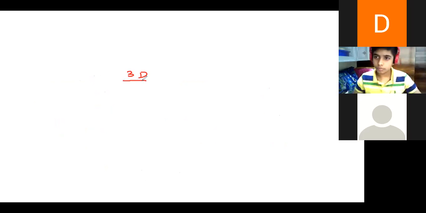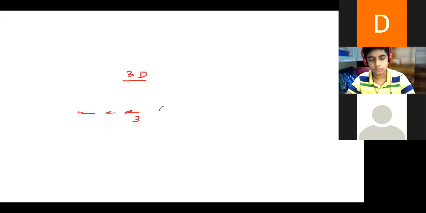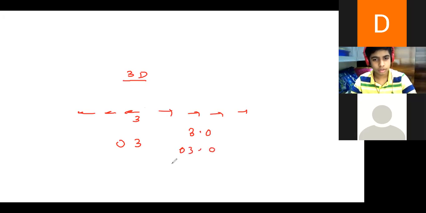Whenever you are coupling, for the integer part you will go left. For the decimal part you will go right. This you have to remember. 3 and 3.0, are they same or different, Sudhanshu? Same. But 3.0 and 3.00, are they same or different?